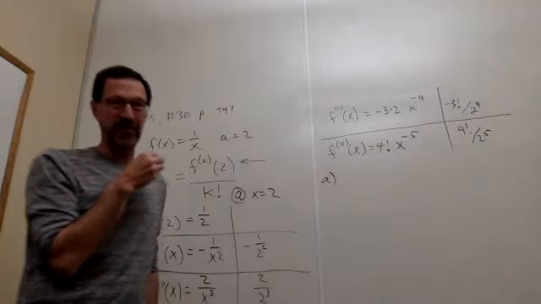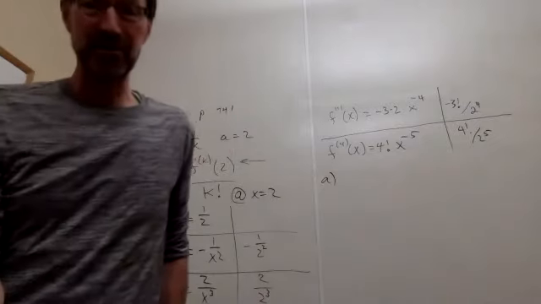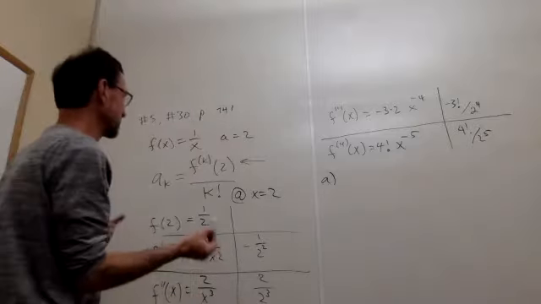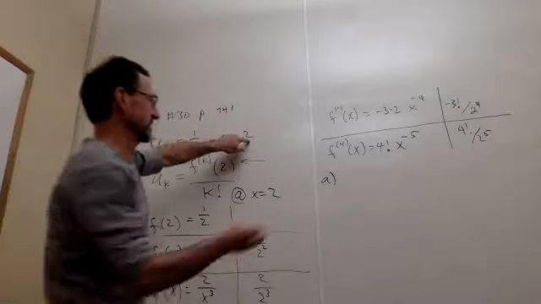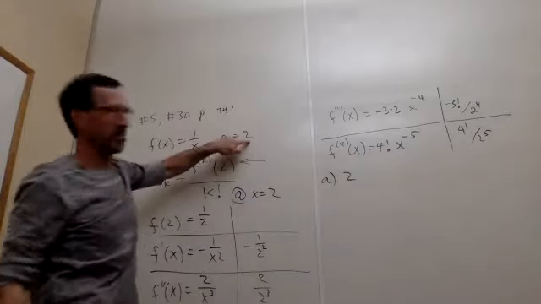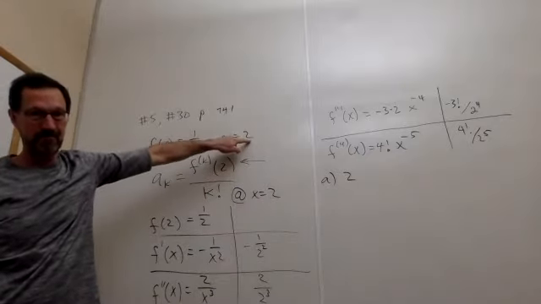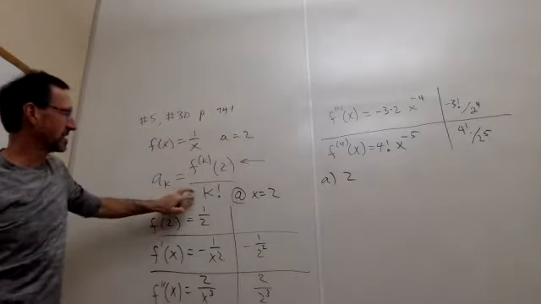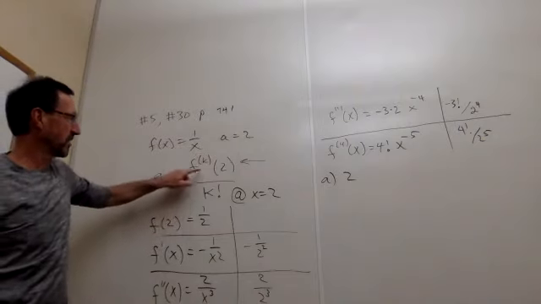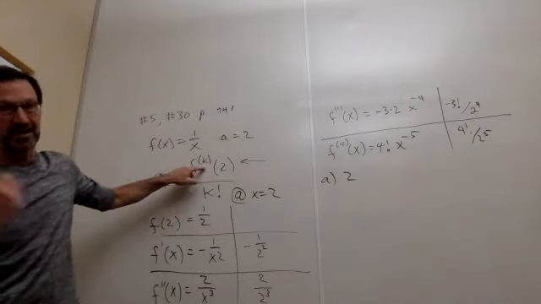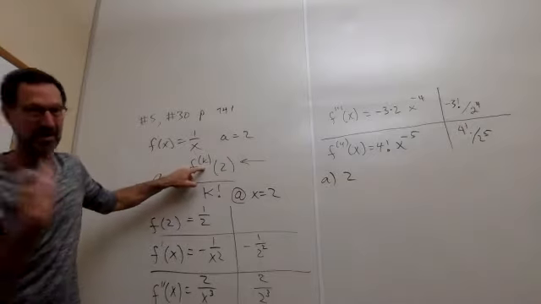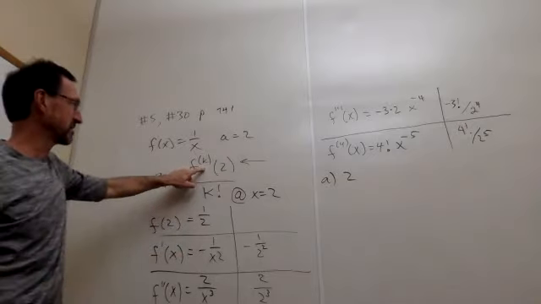The first question says, find the first non-zero terms. So the first non-zero term is the function evaluated at the point. All the rest of them come from this formula right here, the coefficient. And the powers go up by 1 as we work our way down the list. It's a power series.